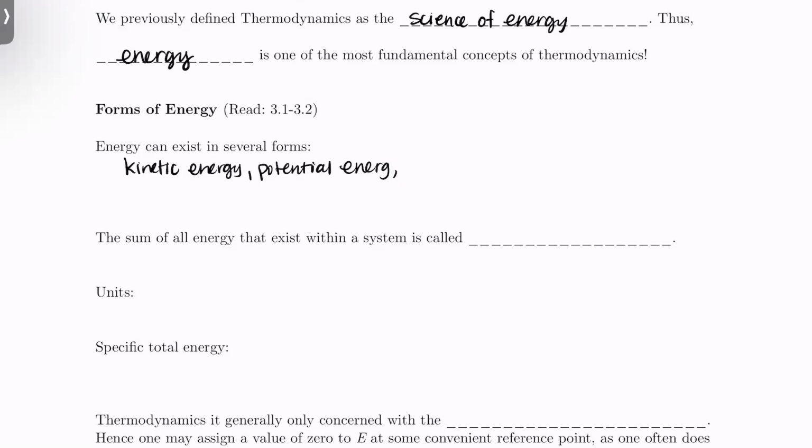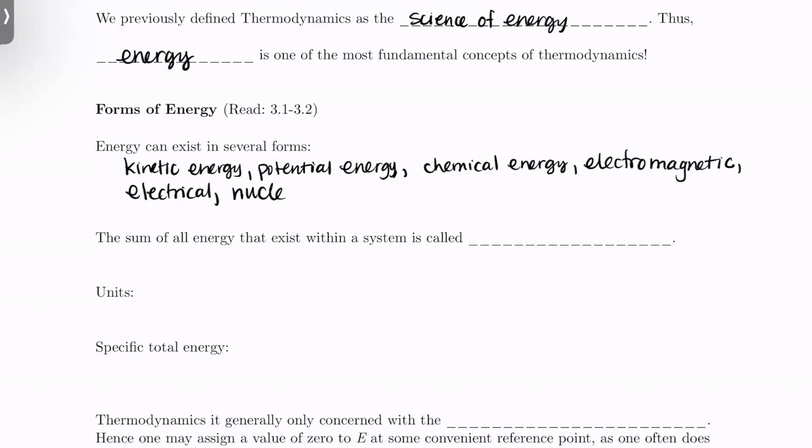I think some of the examples you rattled off there might have fallen into the chemical energy category, if I recall. Electromagnetic, electrical, nuclear, thermal, and so on and so forth.